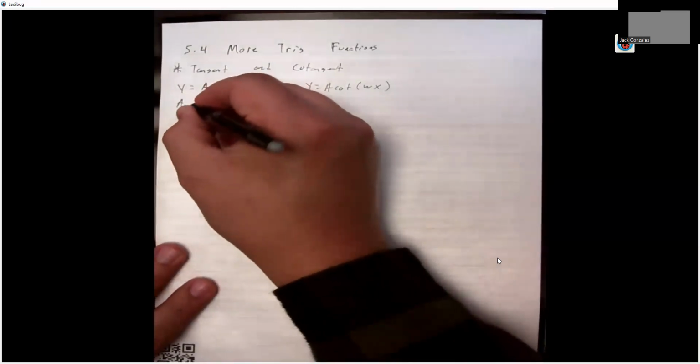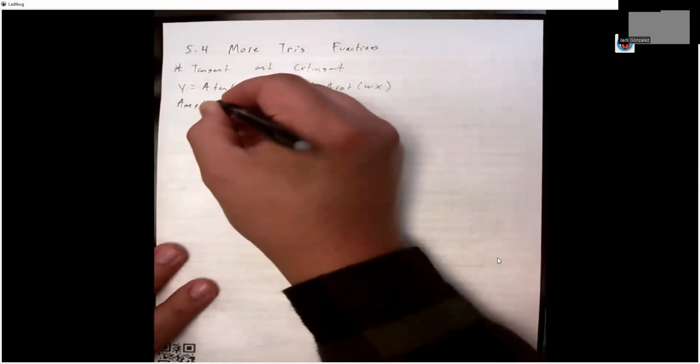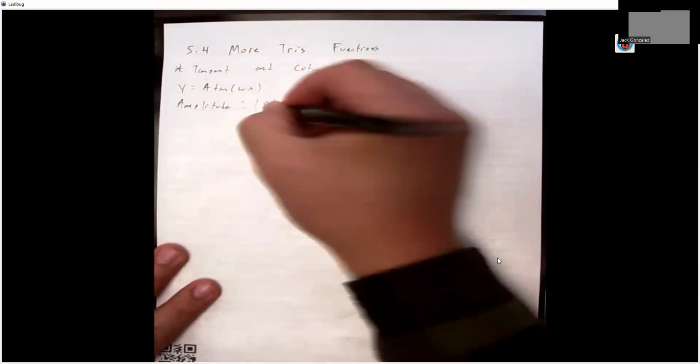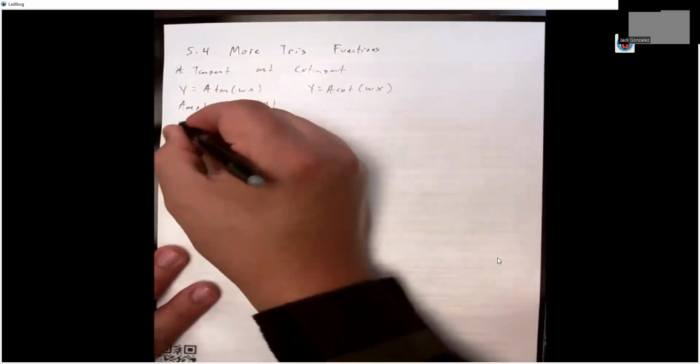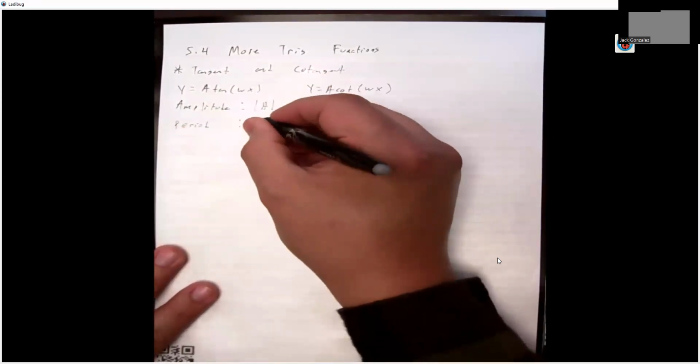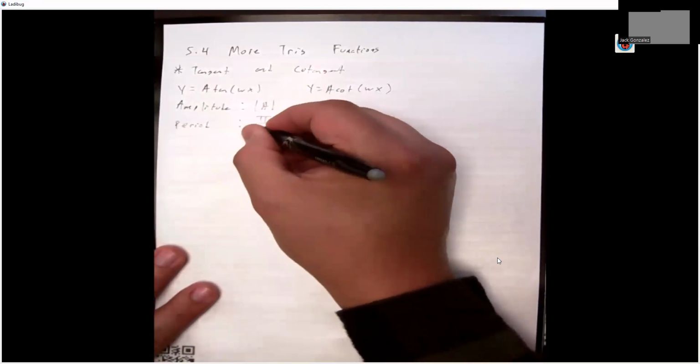Amplitude is still the same thing, still the absolute value of A. Period has changed. These repeat every pi over omega.